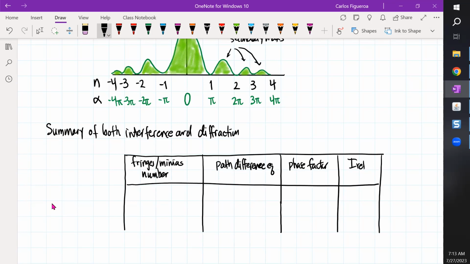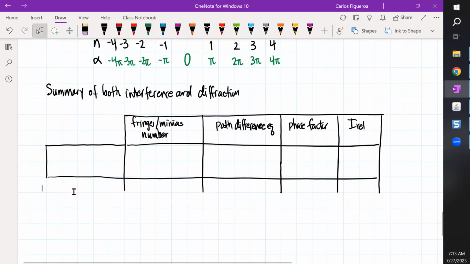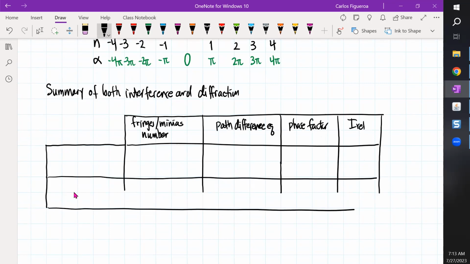So here I go. Okay, now I know how to set it up. So this is a pretty comprehensive table of all of the details.